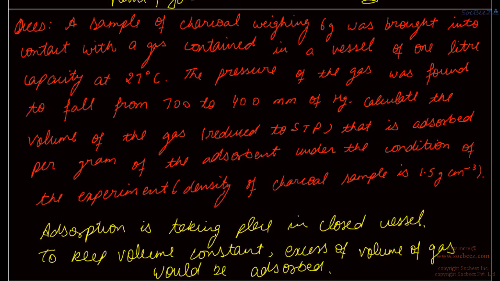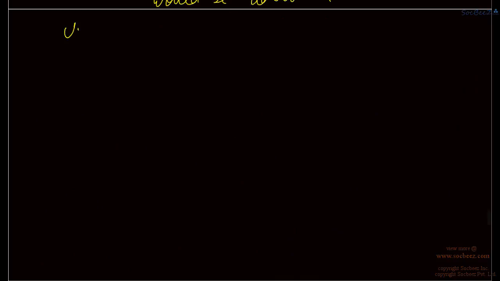Now, using P1 V1 equals P2 V2, which is valid for an ideal gas, and since here we are considering them to be ideal, P1 V1 equals P2 V2 at constant temperature. From here we get V2 equals P1 V1 upon P2.